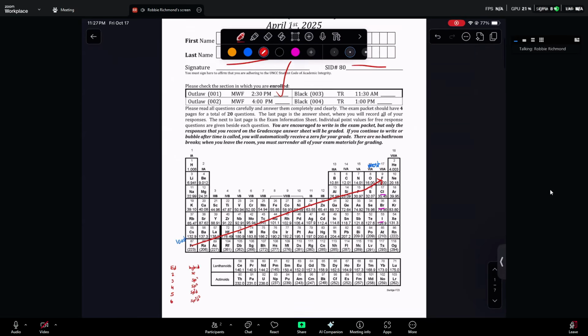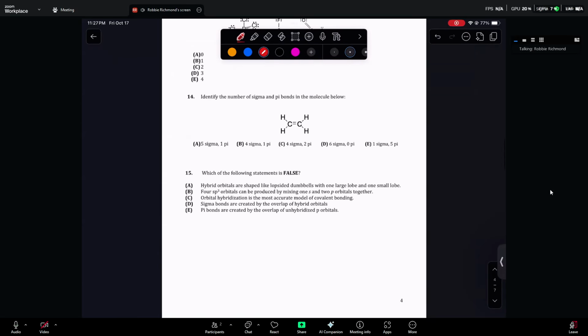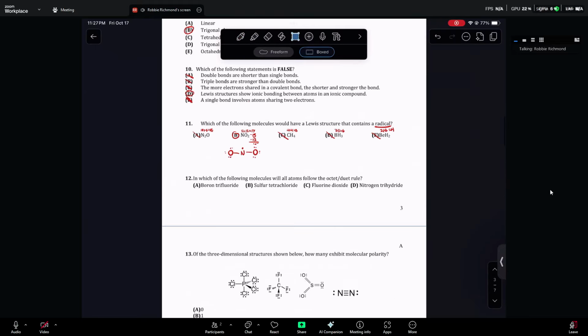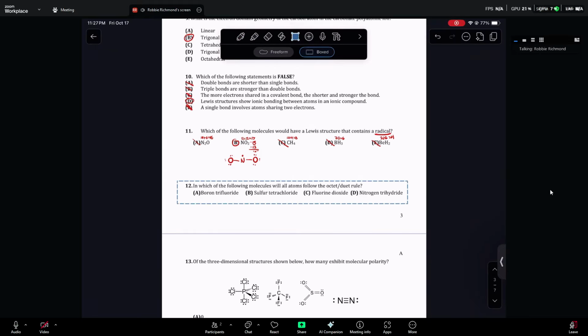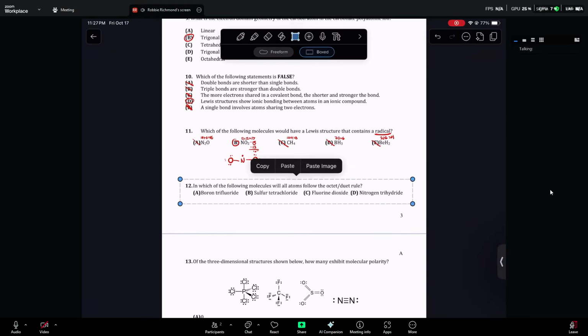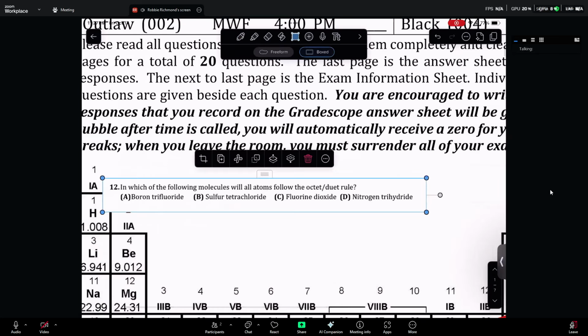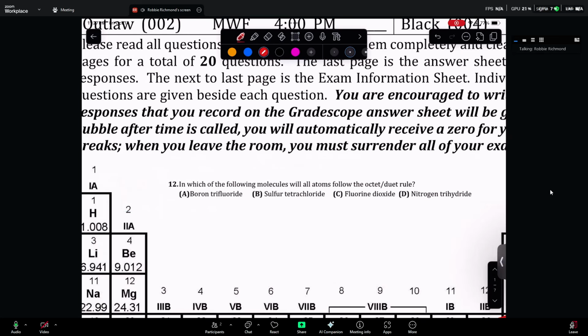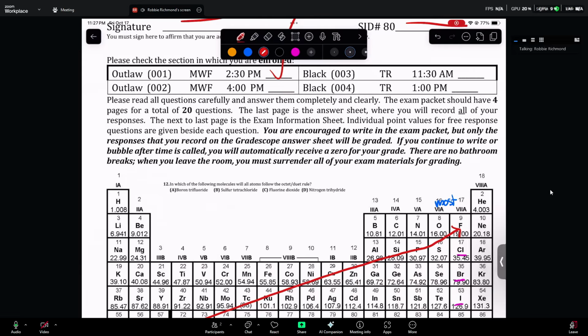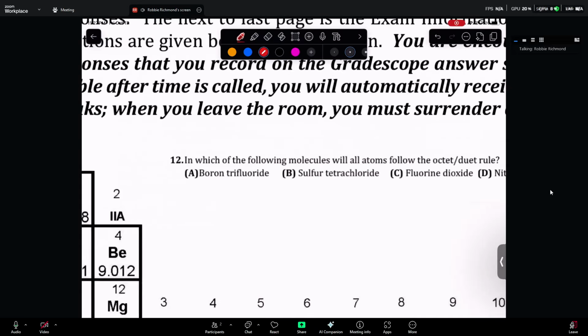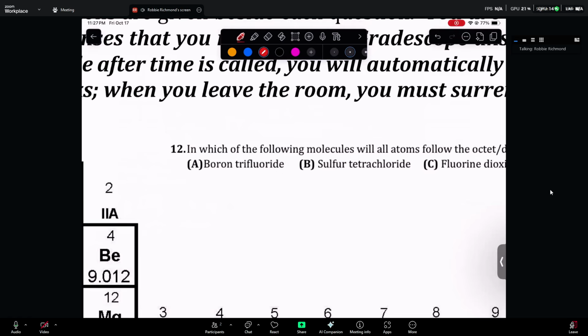So I'm going to just copy this and just go over those exceptions to the octet rule. So answer choice A, I see boron. Boron can have 6 valence electrons on it and be fine. So that's a little sus.